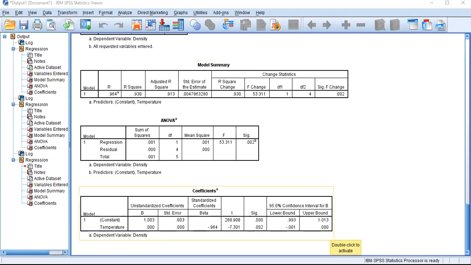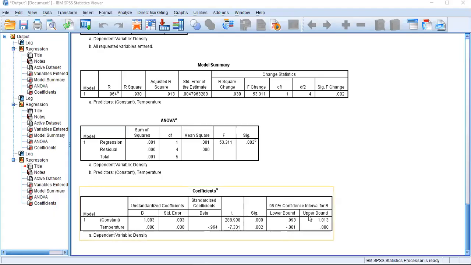Then the other question says calculate the 95% confidence interval for the slope in the line. So you can make a decision based on the confidence interval for testing the significance of the slope and testing for the significance of the intercept.